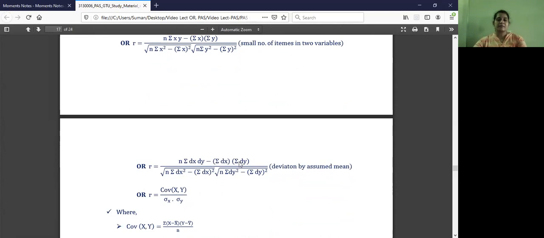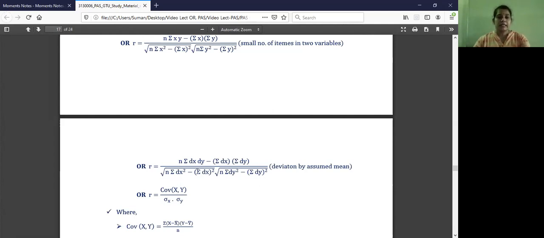bracket summation dx, bracket summation dy, divided by under root small n summation dx square minus summation dx whole square, and under root n summation dy square minus summation dy whole square.